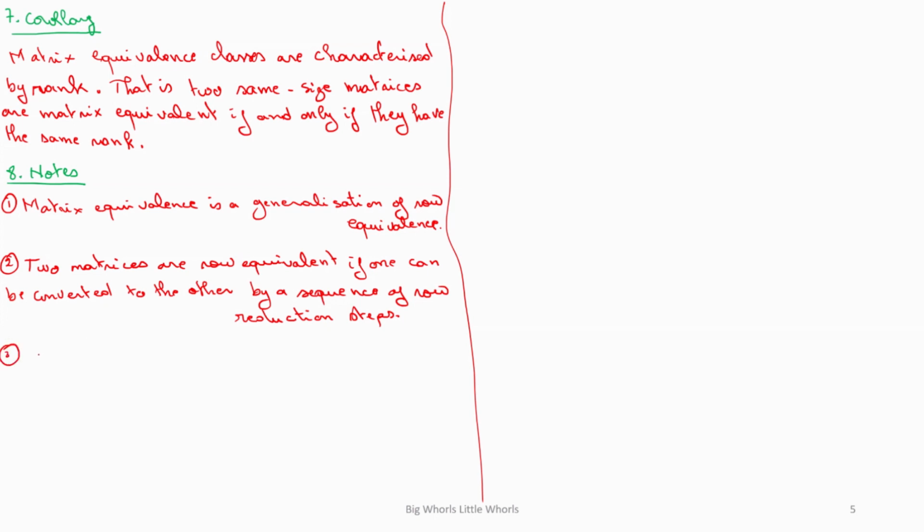And two matrices are matrix equivalent if one can be converted to the other by a sequence of row reduction steps followed by a sequence of column reduction steps. This is very important.